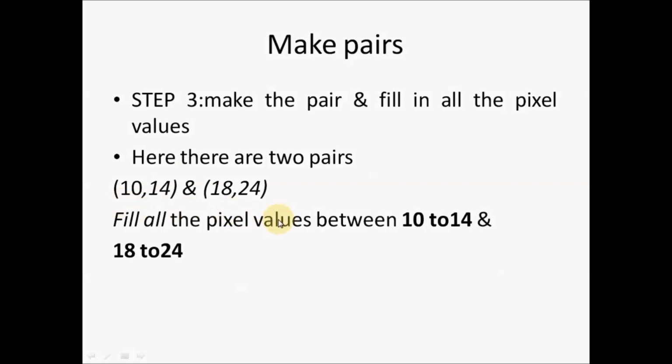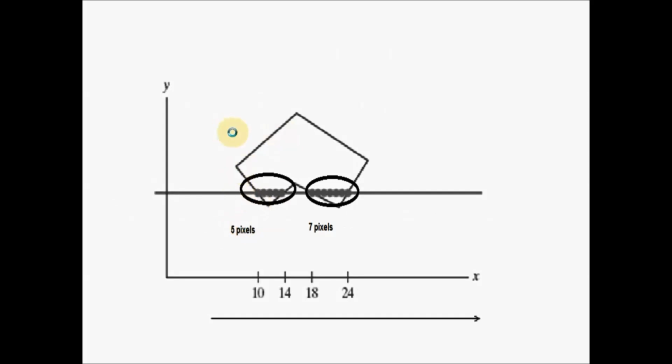In 10 to 14 we get 5 pixel values, and in 18 to 24 we get 7 values. You can use any color you want to fill these 5 pixels and 7 pixels. The same steps are repeated for the other scan lines also.